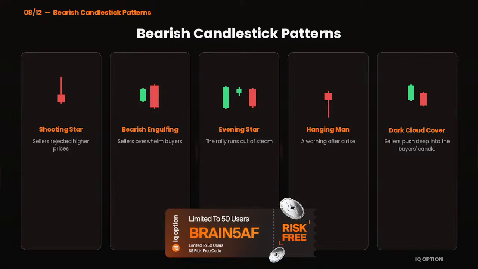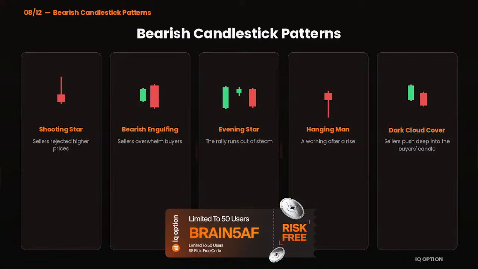And so that is actually what happened. But you have to wait for the red candle to confirm, ideally near a resistance level, before you open any short position or sell order. So that is a shooting star. Just like you can see it, it looks exactly like this, and it is the same story as before.